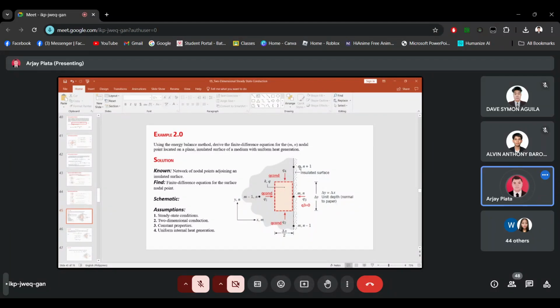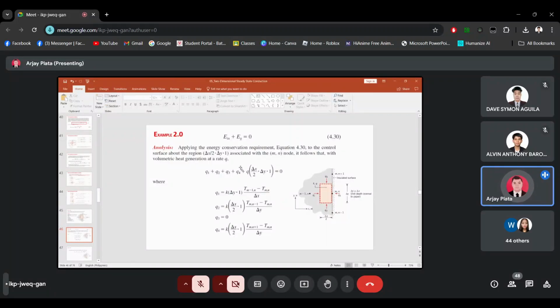As you can see, this is the insulated part, so there is no heat transfer here. So Q3 is equivalent to 0, and we only have three heat transfers. Then we add the heat generated. So this is our equation: Q1 plus Q2 plus Q3 plus Q4 plus Q of heat generated, which is equivalent to q times the volume.